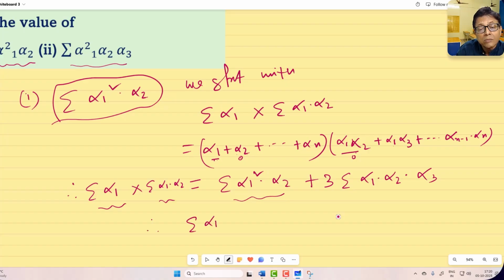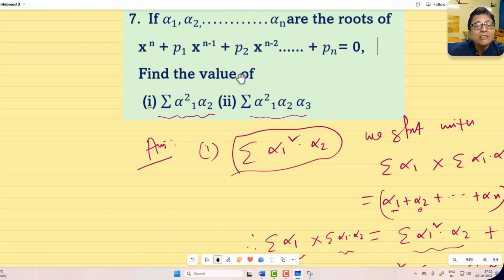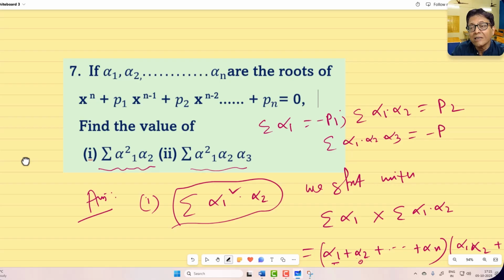Therefore, it is going to be sigma alpha 1, alpha 2, plus 3 sigma alpha 1, alpha 2, alpha 3. What is sigma alpha 1 for this sum? I did not write here, but you know, it is minus P1, sigma alpha 1 into alpha 2 is P2, and alpha 1, alpha 2, alpha 3 is minus P3.